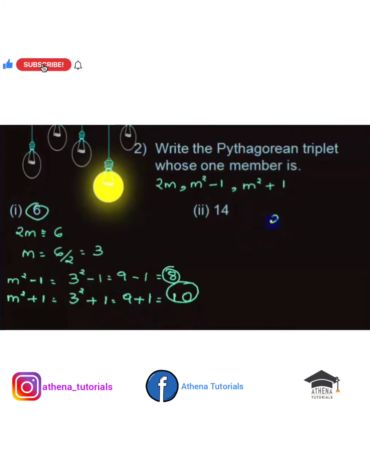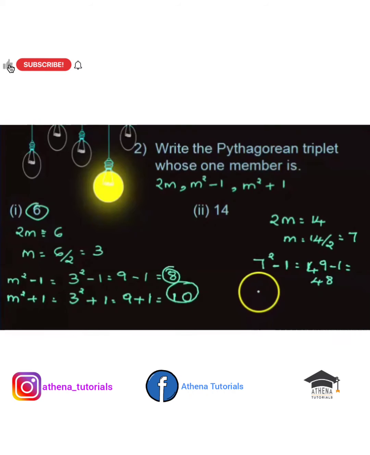They have given 2m is equal to 14. So m will be equal to 14 by 2, which is equal to 7. Half of 14 is 7. So m square minus 1, that is 7 square minus 1. 7 7s are 49, minus 1 will be equal to 48.